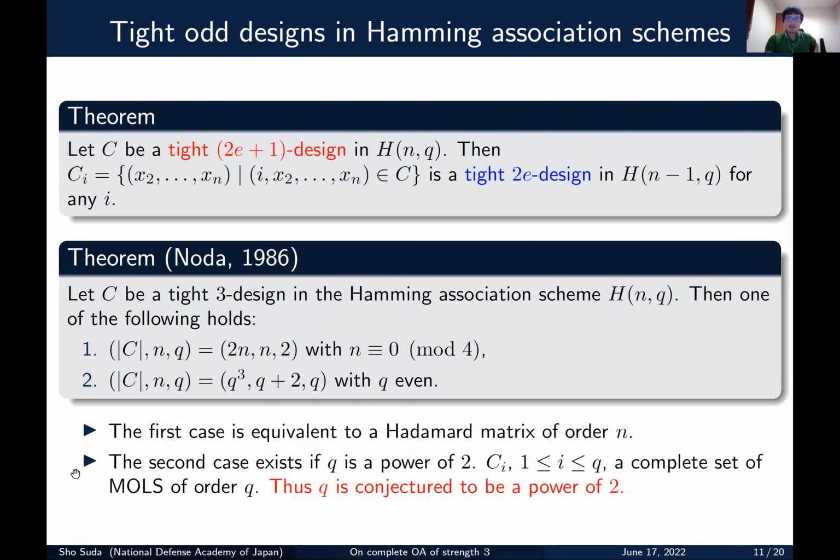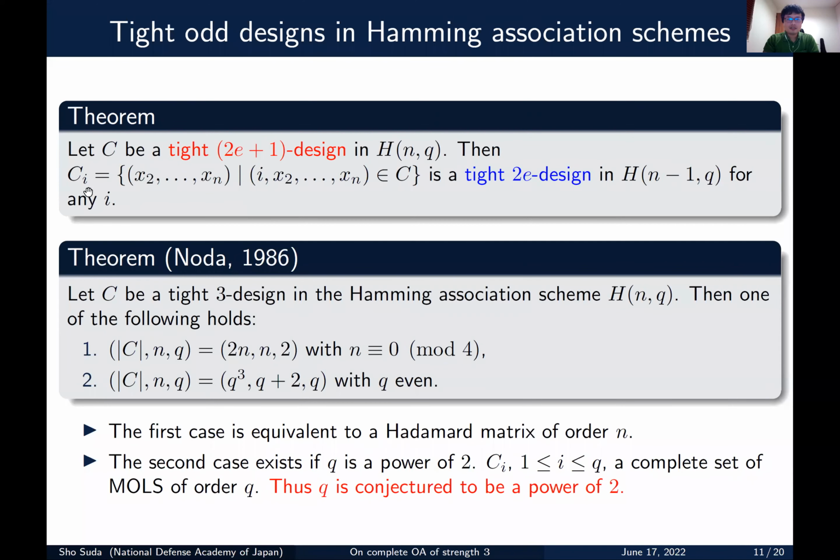So how about the tight odd designs in Hamming schemes? If we have a tight odd design, then consider the contraction of that orthogonal array: we collect the rows of the orthogonal array whose first entry is equal to a fixed symbol i, and then delete this symbol.